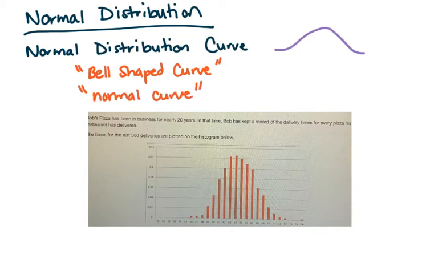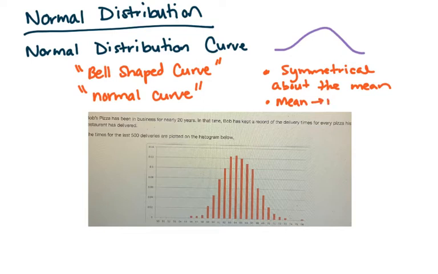are that it's symmetrical about the mean, and the mean is directly in the middle. So here's our mean, and it should be symmetrical about that line.